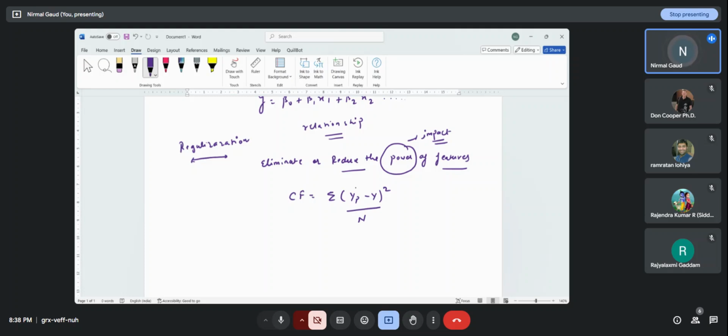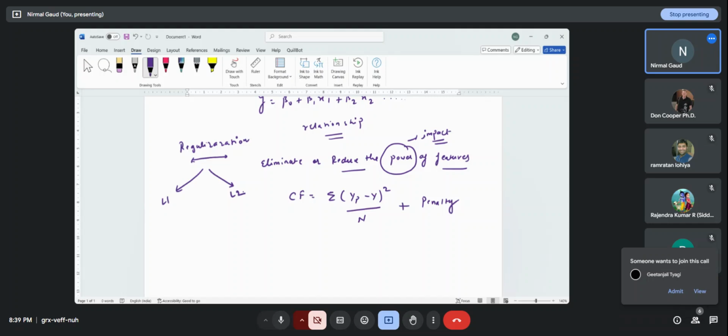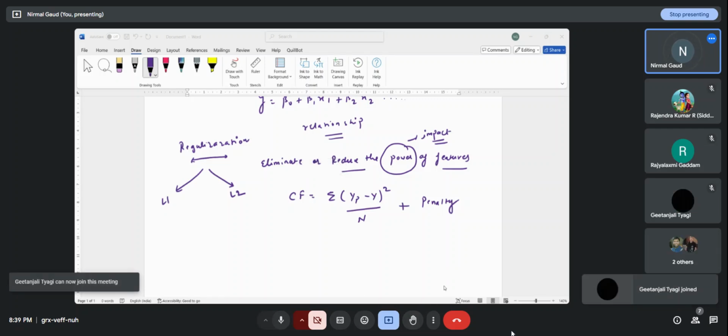And I also told that in order to deal with the overfitting problem, you have to penalize your model. You have to add a penalty. And we have two kinds of penalty, L1 and L2. This will be followed up in deep learning also. These penalty terms are applicable ahead too. Okay, fine.